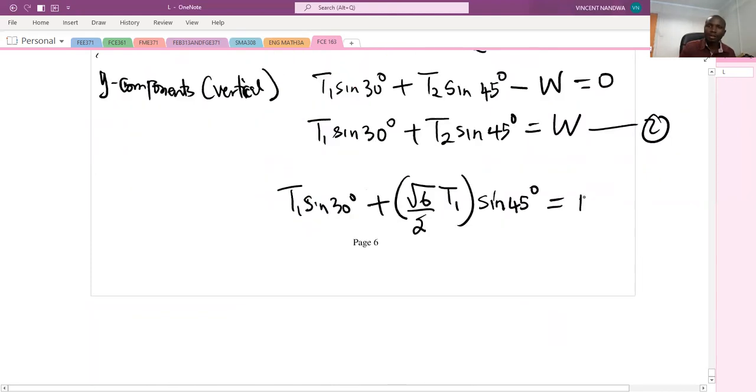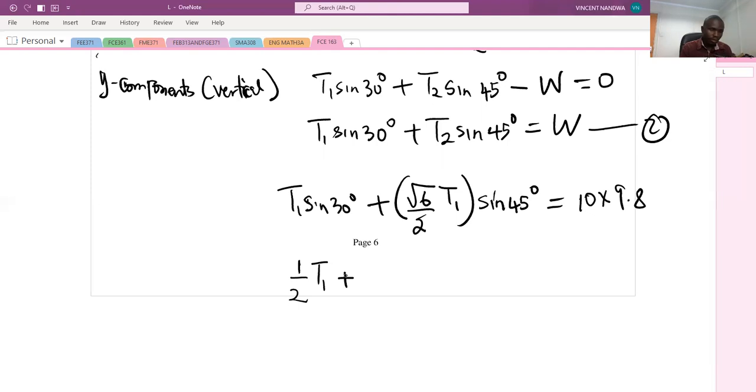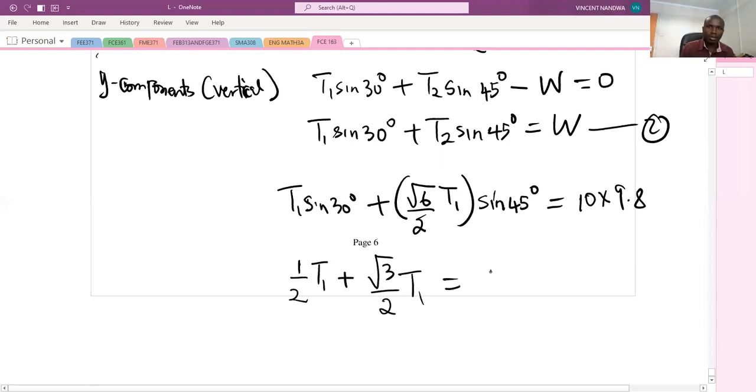So 10 times g, which is 9.8. So sine of 30 is a half. So I'll have a half T1 plus, sine 45 times root 6 over 2 gives me root 3 over 2 T1, equals 98.